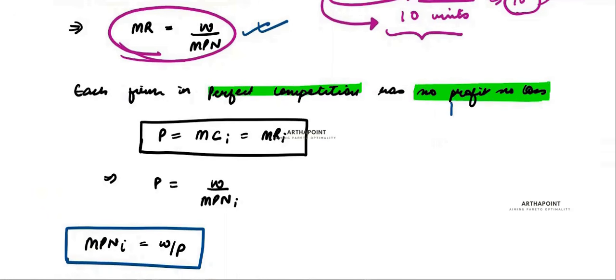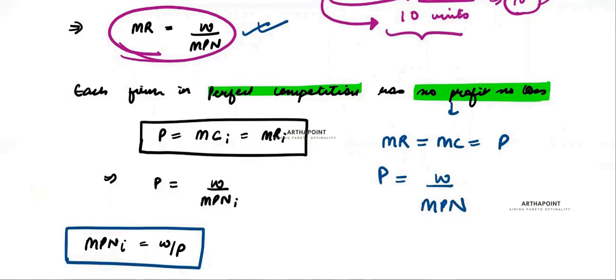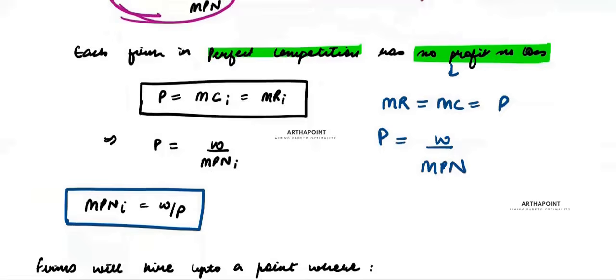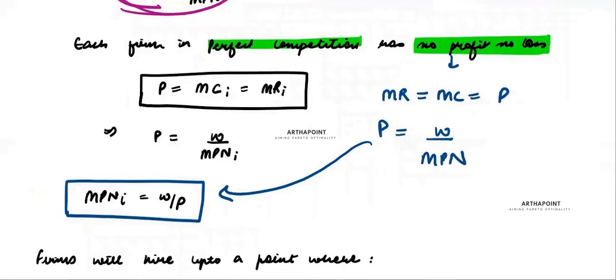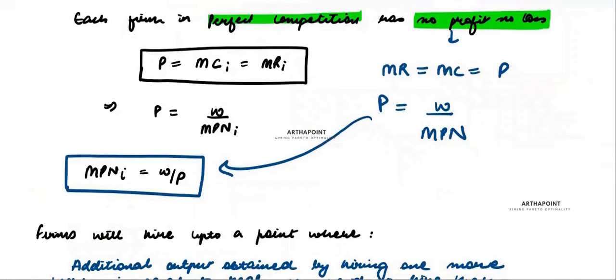So no profit, no loss means that marginal revenue is equal to marginal cost is equal to price. So price is now equal to W by MPN, right? Because of this, if I rewrite it, MPN is equal to W by P.